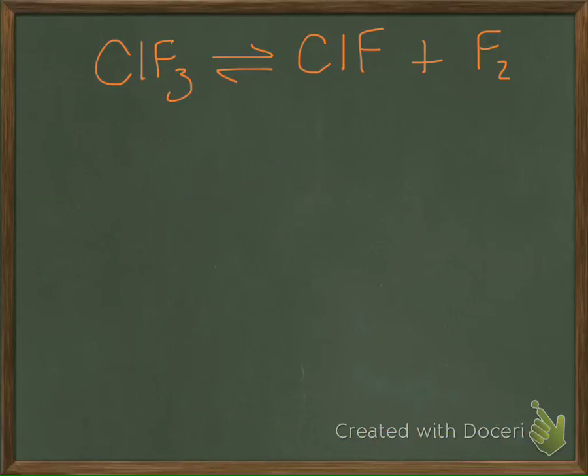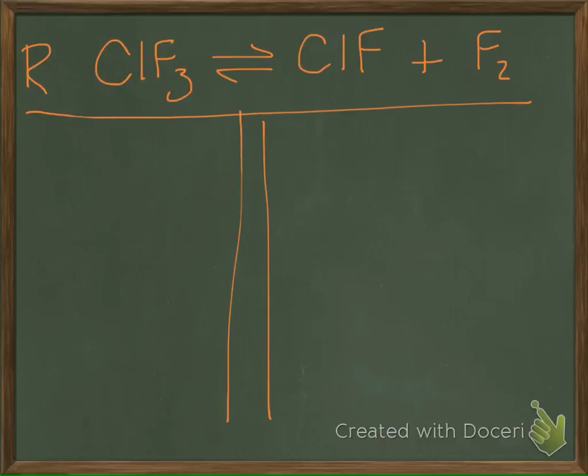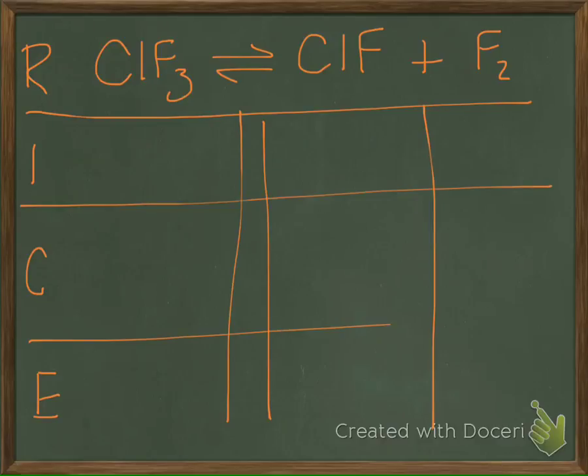Very similarly to the last problem, exercise 9 on page 8, we want to write down our balanced equation and set up our RICE table, starting with the R. Double line coming down on the arrow, at the plus sign draw a line, and I, C, E. ICE: I for initial, C for change, E for equilibrium.